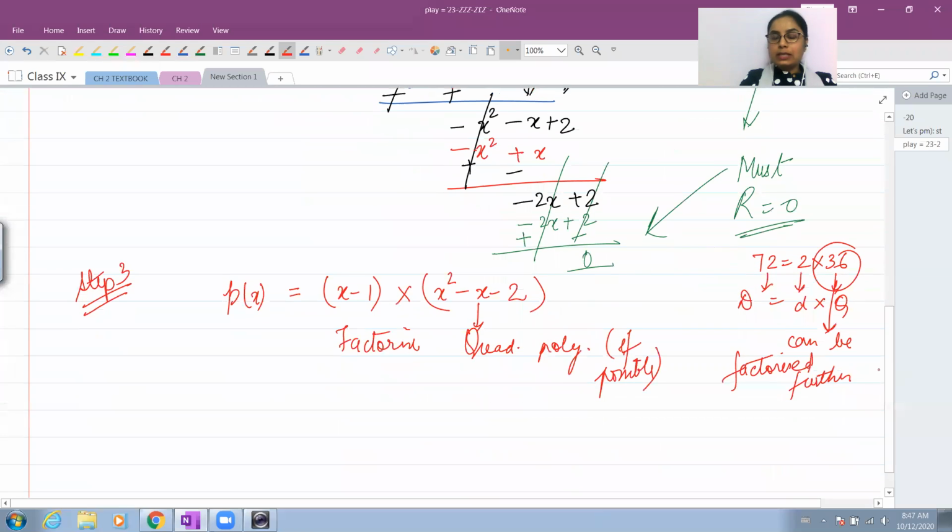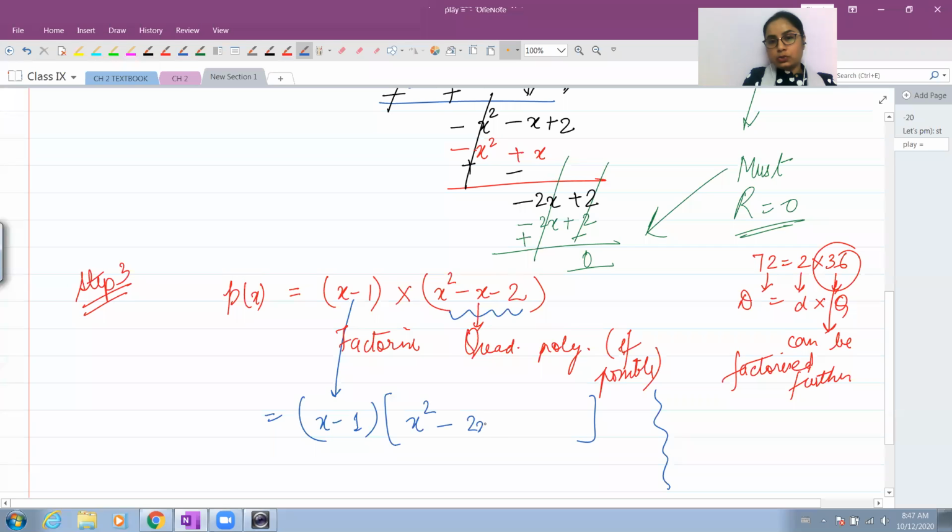And now you will be using that splitting the middle term. Split the middle term of this quadratic polynomial. You could do it on a side here, or you can work out with this polynomial right here. And please carry this linear factor side by side. And I'm going to split the middle term here.